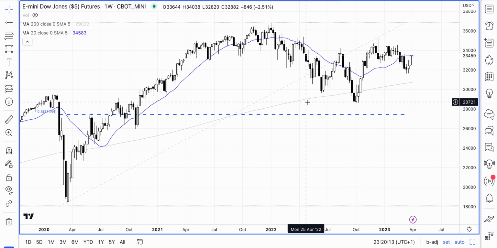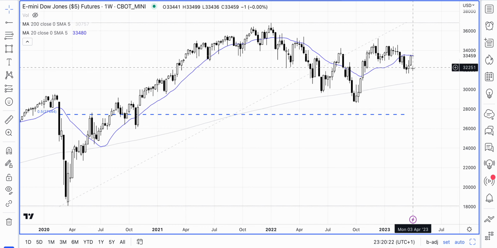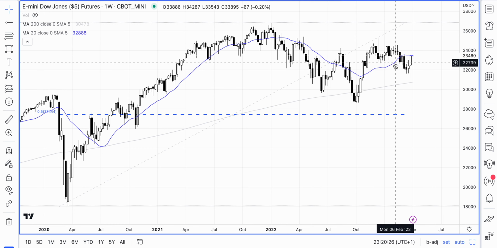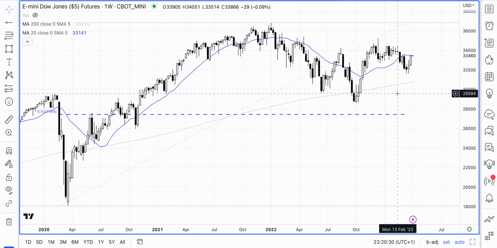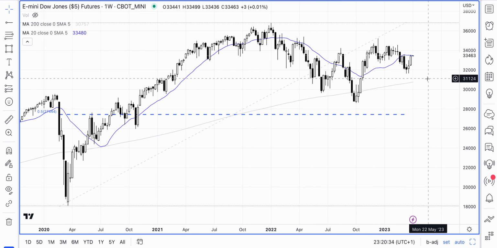And also look, this gray line which you see here is the 200 week moving average, and the price is above that, so that's a good sign. Where the price closed last Friday is right at the 20 week moving average, which is above the 200 week moving average. From a momentum perspective, the price is pretty strong.